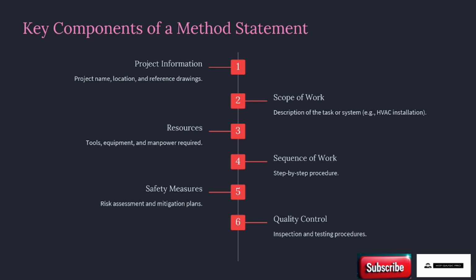You will also add points for the consultant, subcontractor, main contractor and client. In the next upcoming session I will clear the inspection testing plan. That is a very important topic.